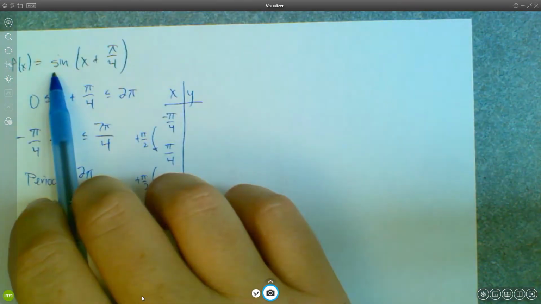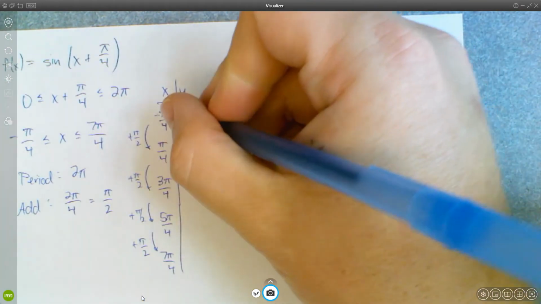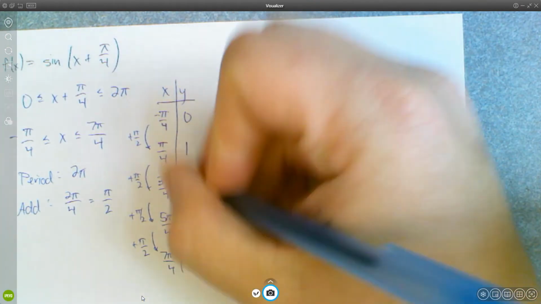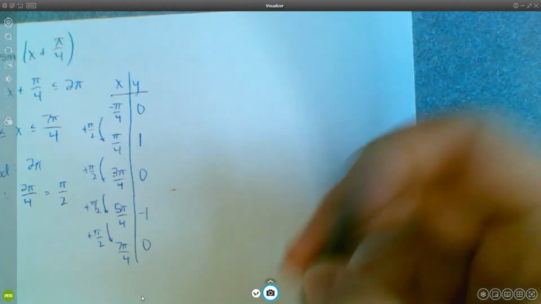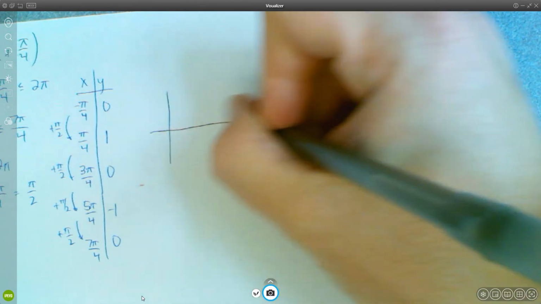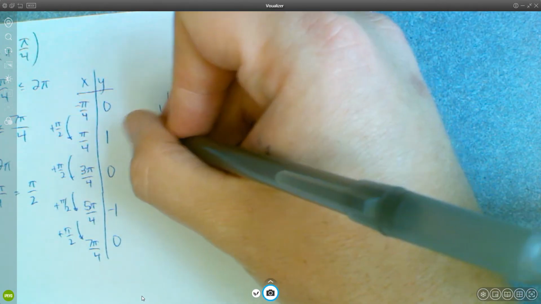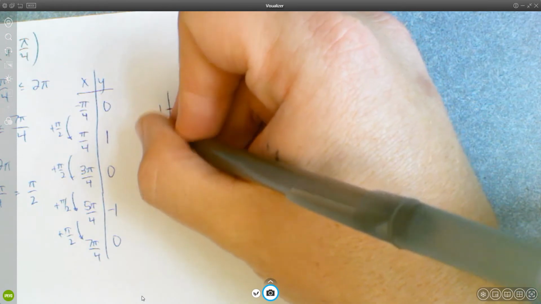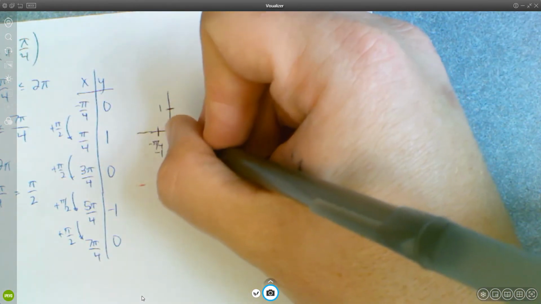Okay, and then standard pattern, we don't have any amplitude changes. So this time I've got to put a negative pi over 4 on there, and then pi over 4.